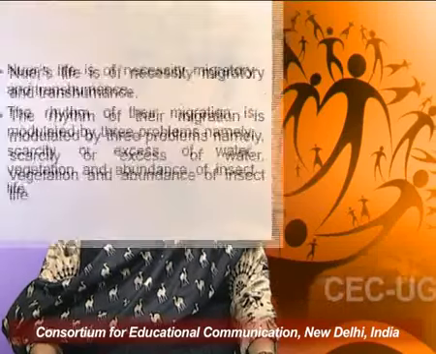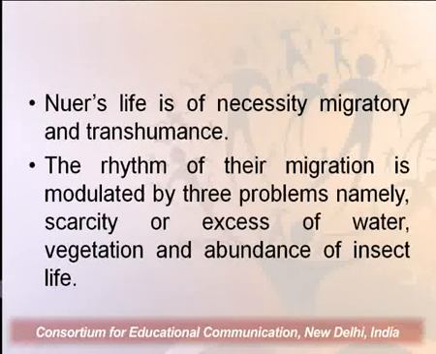So as I told you, he is talking about a nomadic society which is cattle based, and he calls this the bovine idiom, the idiom of the relation that the cattle have with the Nuer people, which is a complementary relation, and one cannot exist without the other. So the entire life of the Nuer was based on the migratory pattern of the environment, and it was regulated through scarcity of water, vegetation and abundance of insects.